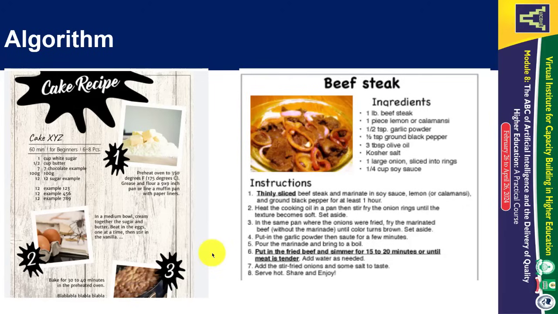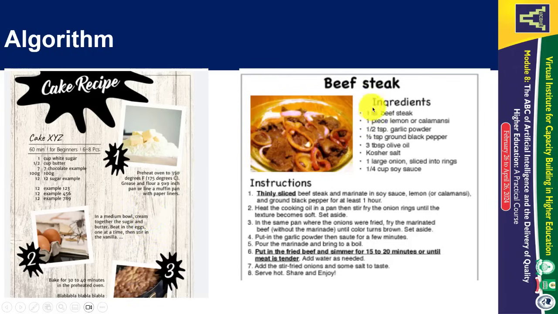An algorithm, okay, look at this. You want to bake a cake. You get a cup, white sugar, butter, chocolate, for example, whatever. Or you want to make a meal: boil water, and when it comes to a boil, put gari inside it, stir, and so on, step by step.